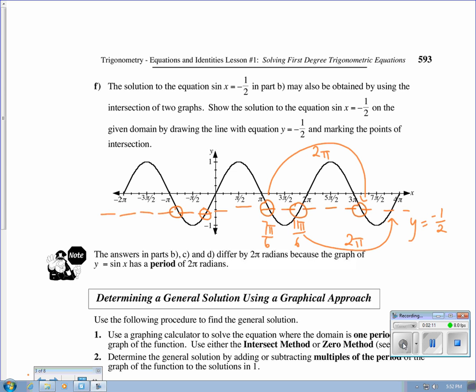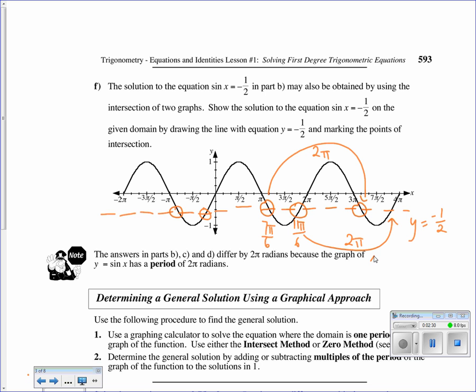What you might be able to see is that the points of intersection occur in the next local trough, and it would occur in the next local trough going the other way as well. And that's why we want to express our answers in a slightly different format.